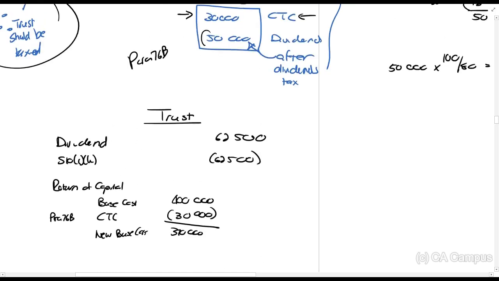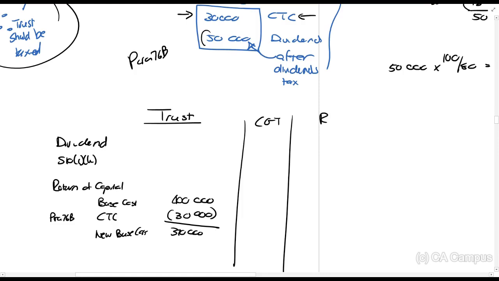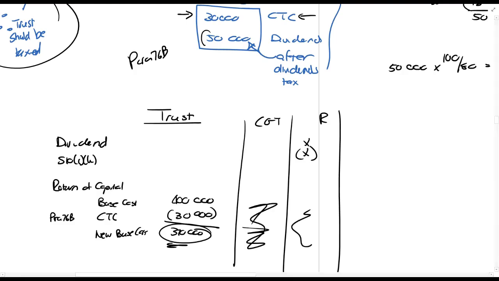Now, my spacing is a little bit out here, but let me just quickly explain to you. If this is our CGT column, and this is our rands column, so the dividend and the section 10(1)(k) amounts, the 62,500, they were there. This calculation here, this 370, does not go here or here at this point in time. It's just a calculation that you need to show. If next year we sell it, you will use 370,000 rands as the base cost instead of 400,000. Or when we sell this asset, it doesn't have to be next year, it could be later even this year.